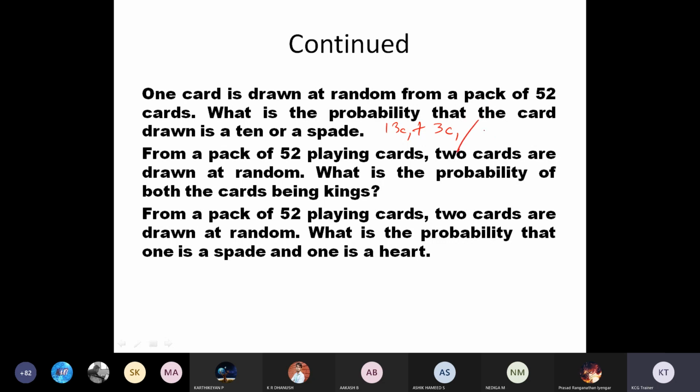For probability, just divide the same answer by 52C1. The 10 of spade is already included; the remaining tens are the 10 of heart, club and diamond. So remaining 3 tens, that is 3C1. Whole divided by 52C1 becomes the probability.